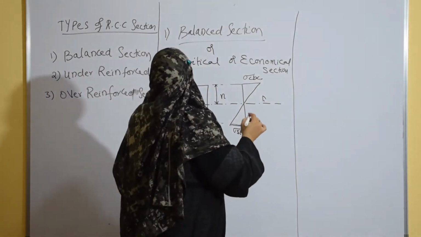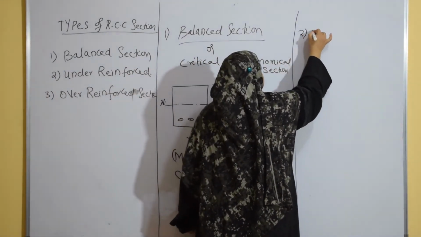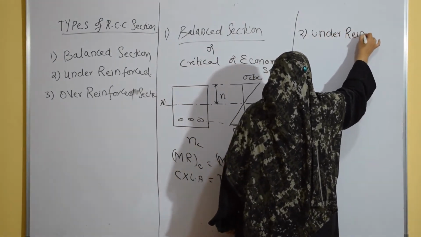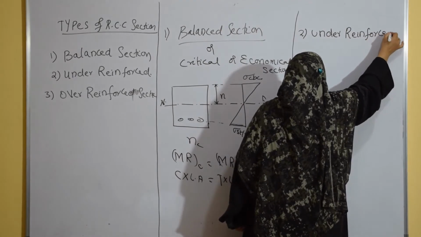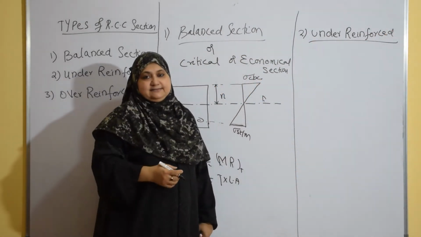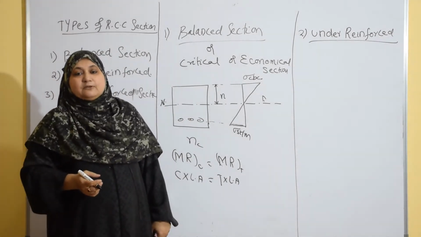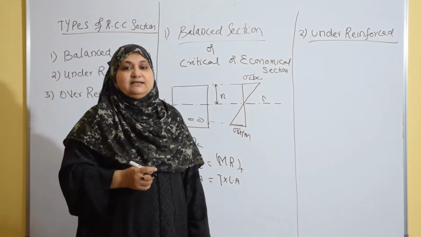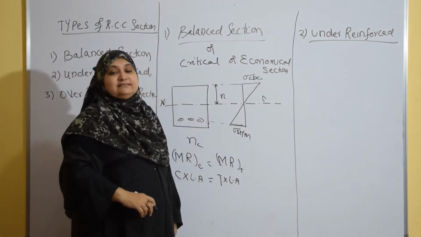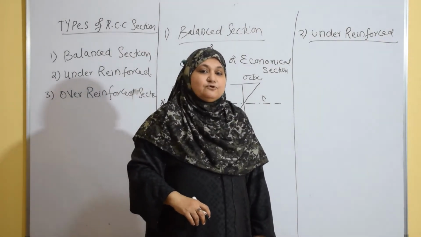Okay, coming to the next one, under reinforced section. The name itself is saying steel is less, under reinforced. So when the amount of steel in the section is less than the steel required for a balanced section, then such section is called an under reinforced section.